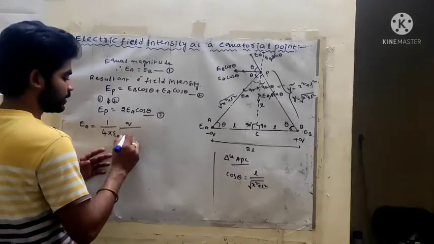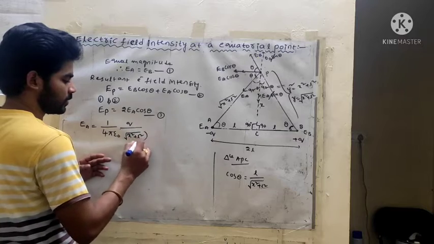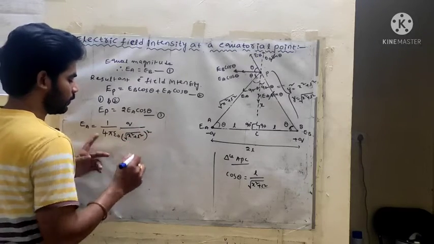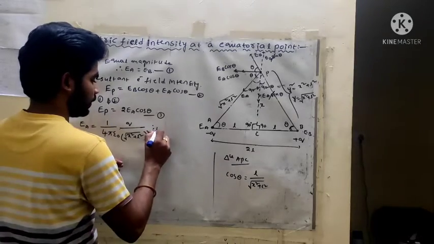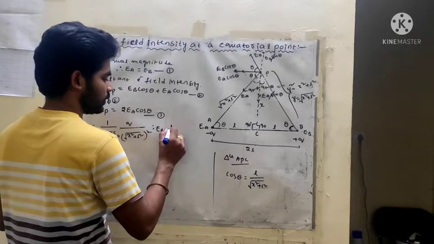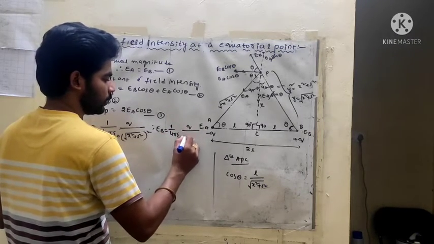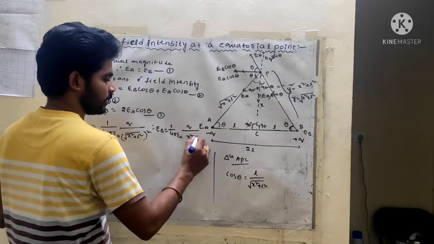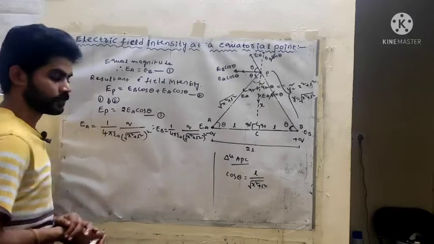Distance is root of x square plus L square, so whole square because of the formula 1 by 4 pi epsilon naught q by r square. So electric field intensity at B point is 1 by 4 pi epsilon naught q by the whole root of x square plus L square, whole square.